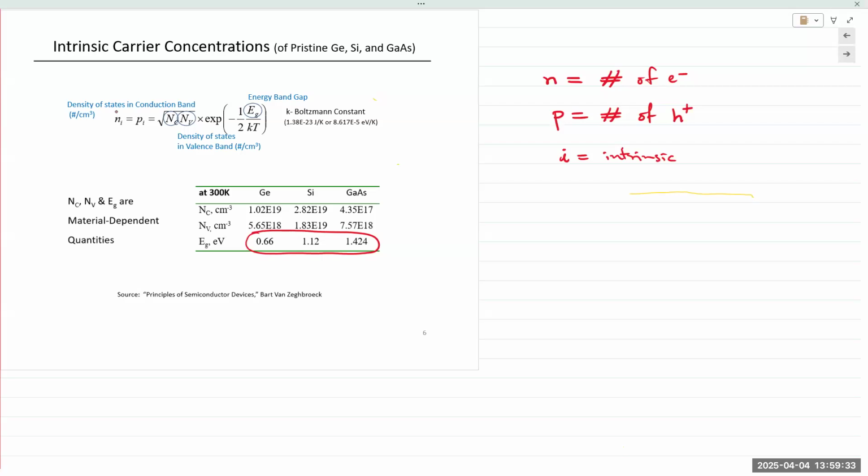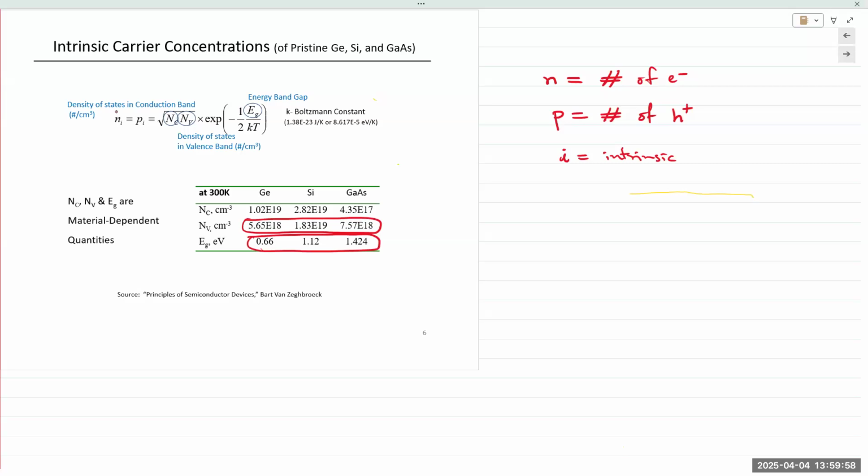If you're talking about the valence band, meaning electrons that are in the valence shell, there are these many states present in 1 centimeter cube.